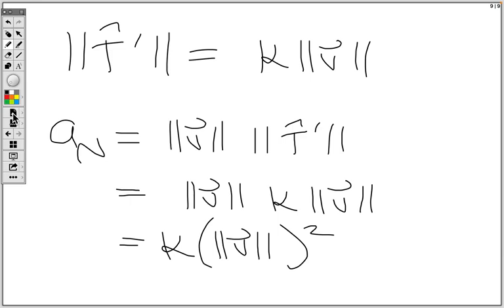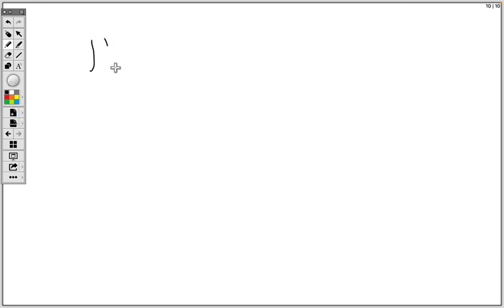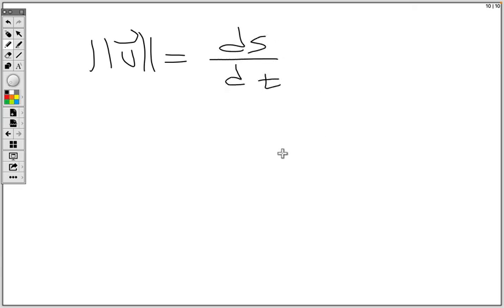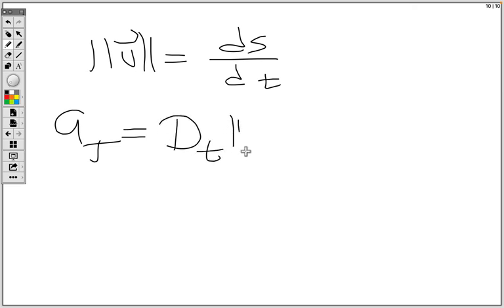And then finally, to wrap up where we kind of ended yesterday, remember the speed is ds/dt. The tangential component of acceleration is the derivative of the speed.